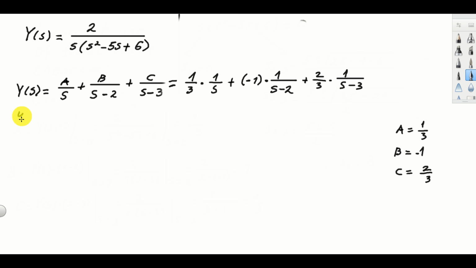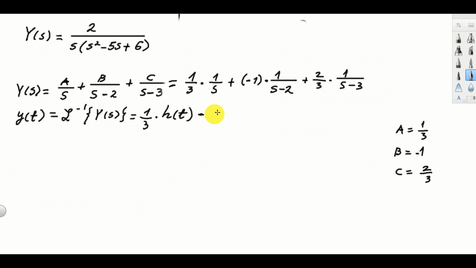Now, y of t is simply the inverse Laplace transform of Y of s. Consequently, y of t becomes the inverse Laplace transform of 1 over 3 multiplying 1 over s, which is simply 1 over 3 multiplying the unit step function, or the Heaviside function.